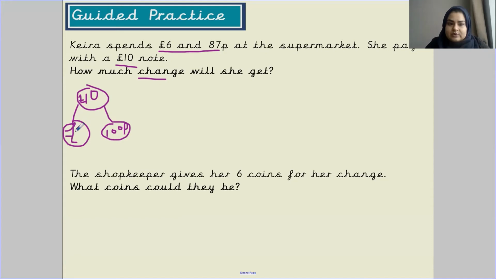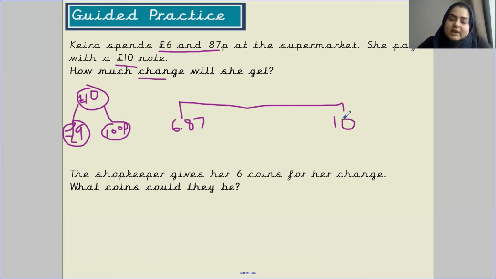So you can do it the part-whole model way, or you can do it this way, where you've got £6.87, and then you go up to £10. So these are your two ways. Work out your answer and then come back to my screen when you are ready.